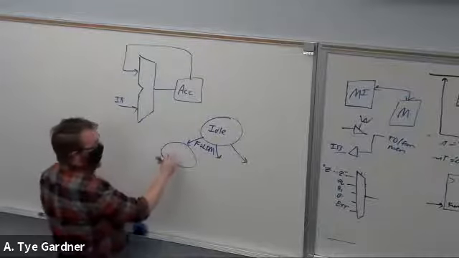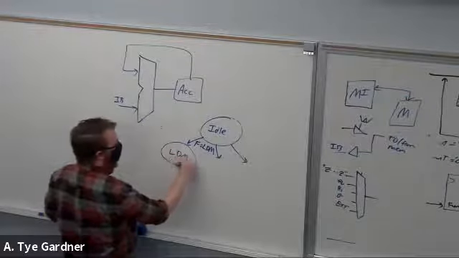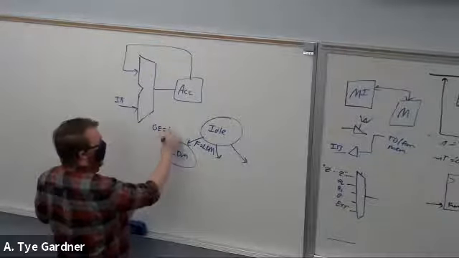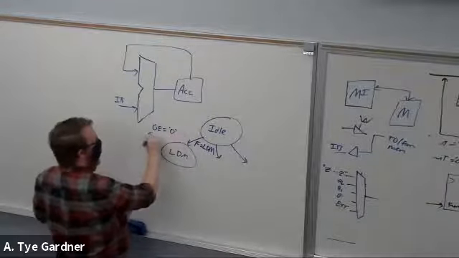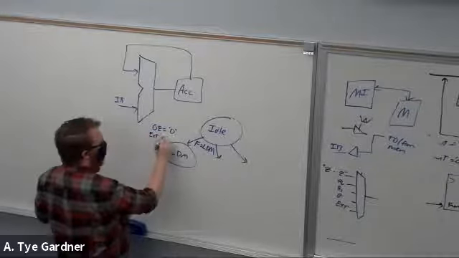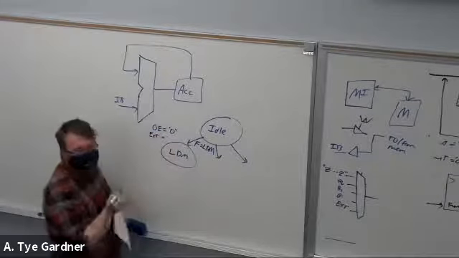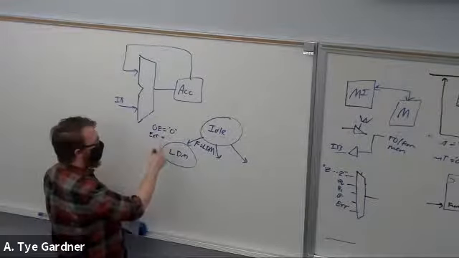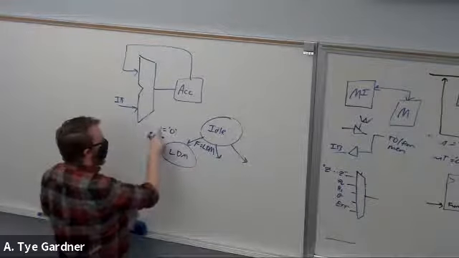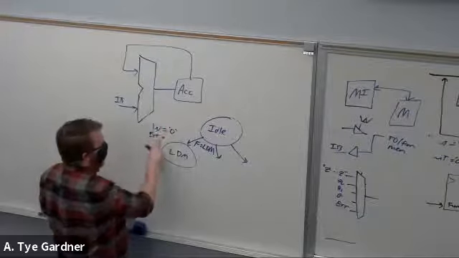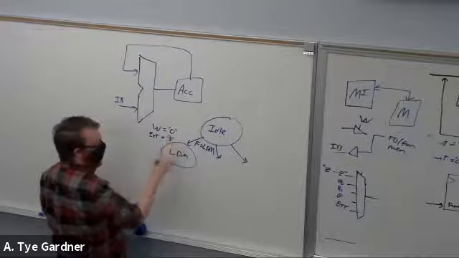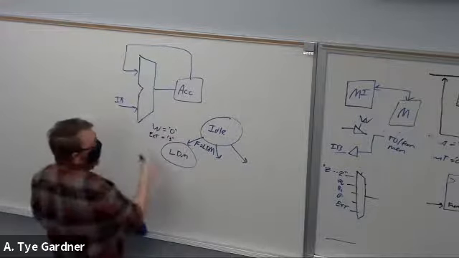So in this state, in LDM, I need OE equals 0. Extern, yours is going to be, well, I think you just used not write, actually. So write equals 0, extern equals 1, saying, hey, go ahead and give me something.